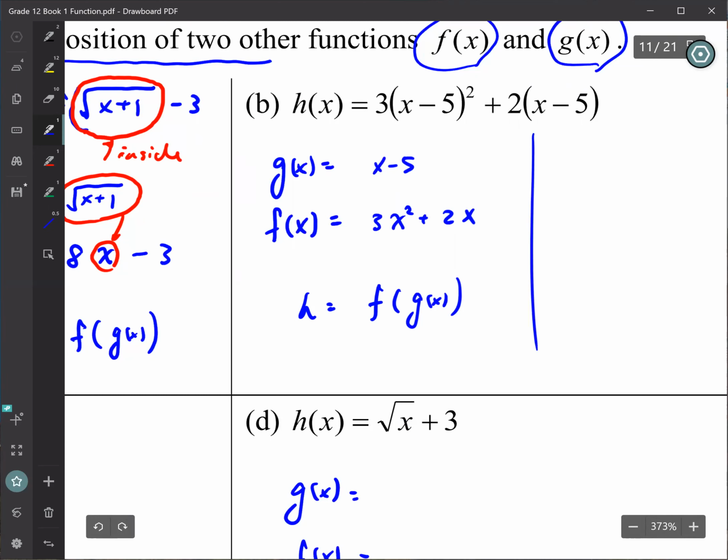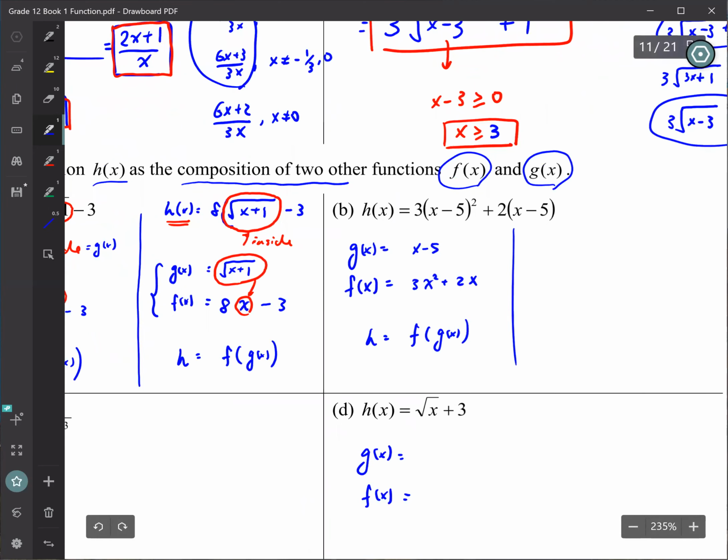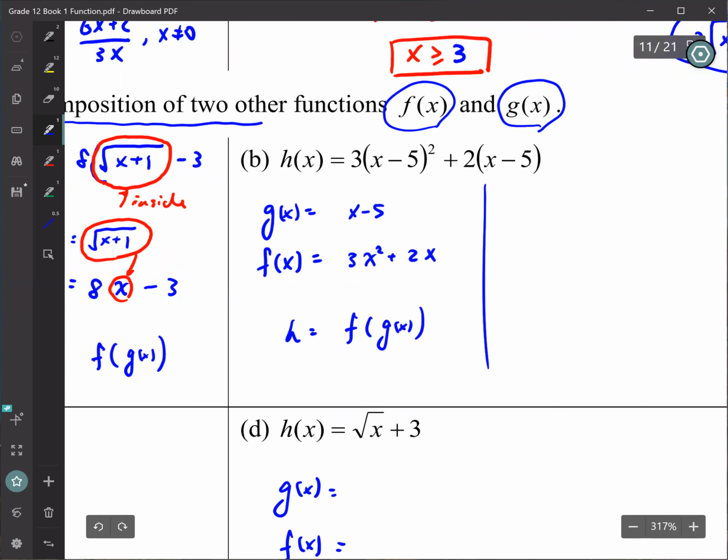Anyone got something different? If you have something different, you can check, okay? You can see if it works or if there's any mistakes, okay?